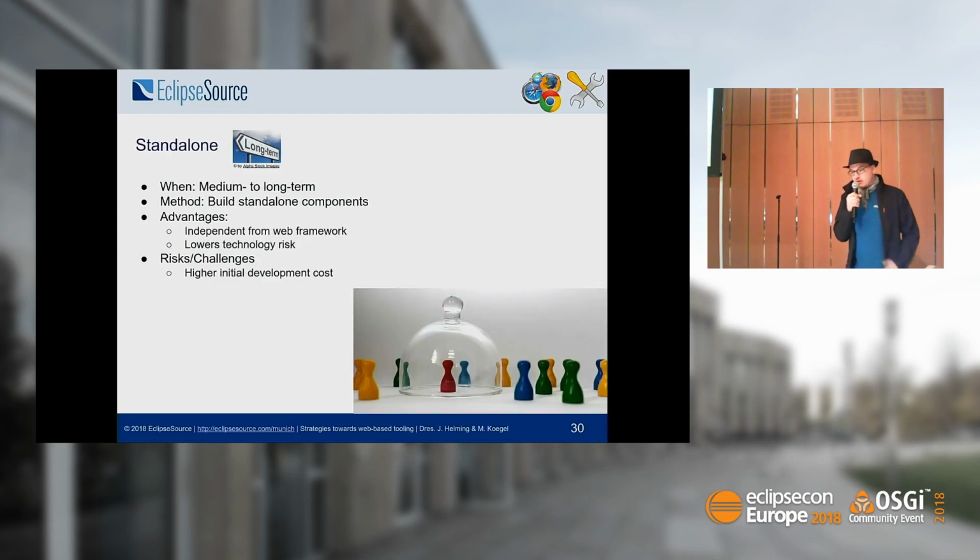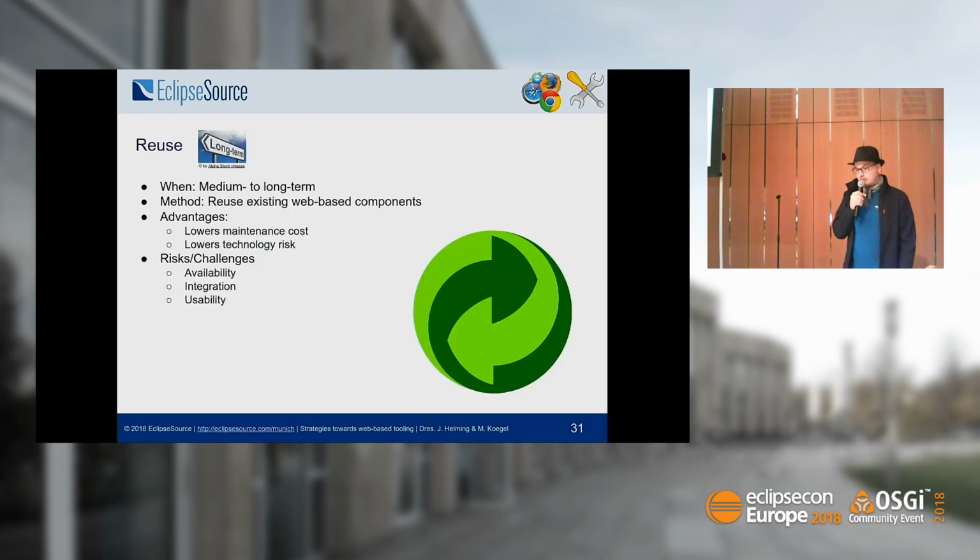Then something that's important, when you actually build a web-based solution, Jonas mentioned the high risk and the high uncertainty in the web environment, so I find it quite important to try to build standalone components that are independent as much as possible from web frameworks to lower your technology risk. And of course, reuse.